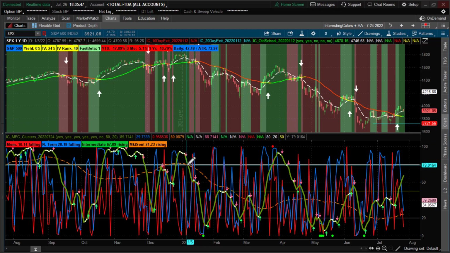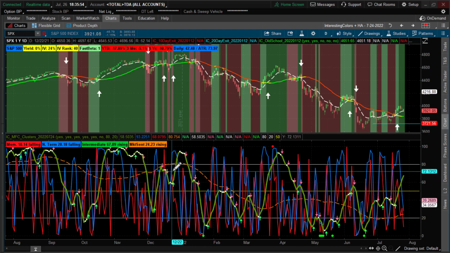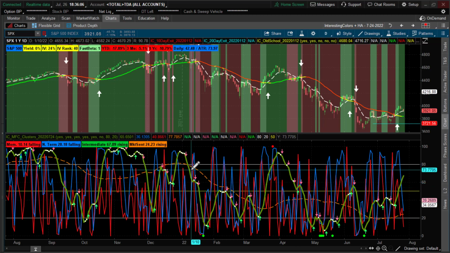But between the 80th percentile and the 20th percentile, if the intermediate value is less than 80 but more than 20 and it's going down, that means it's slightly bearish.